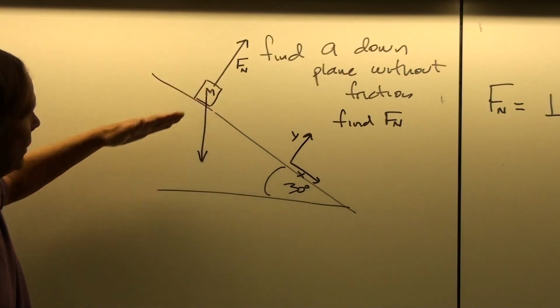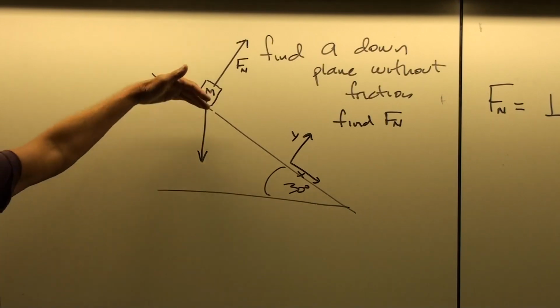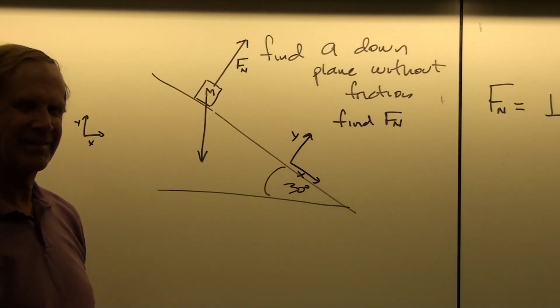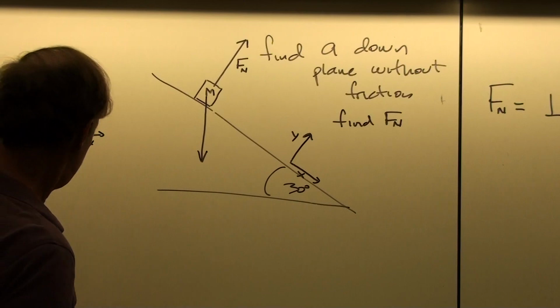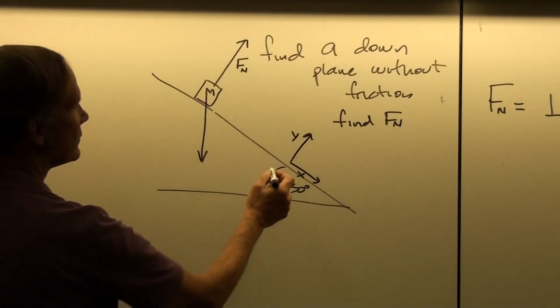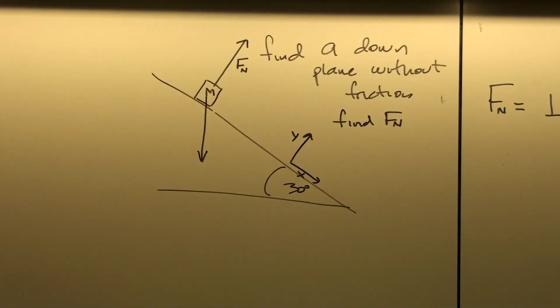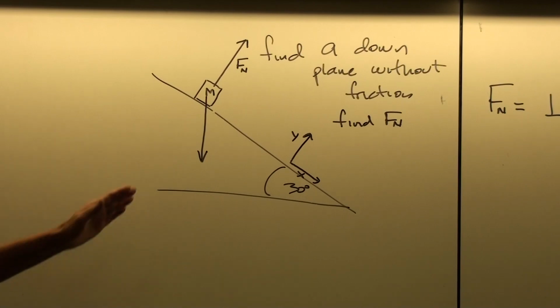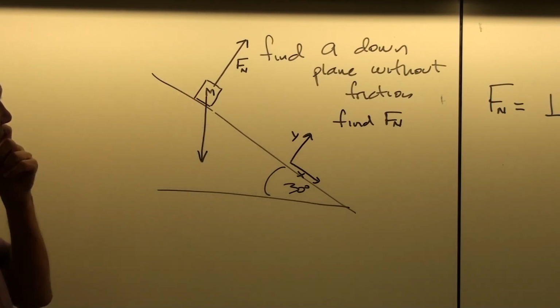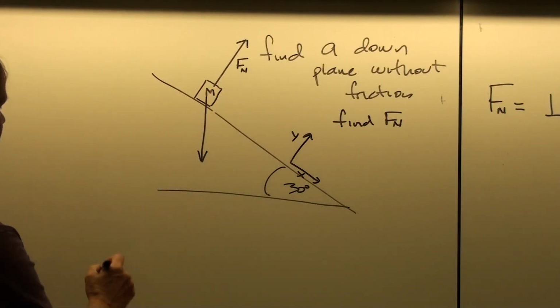Can you see that? But if I choose this as my xy coordinate system, there's acceleration in x and y. It's going to be hard to separate them out, and it's going to be confusing. Even if you know what you're doing, it's going to be confusing. So just the correct choice of a coordinate system can greatly simplify the problem. But what that requires you to do now is to break up your vectors into components that are aligned with your coordinate system.